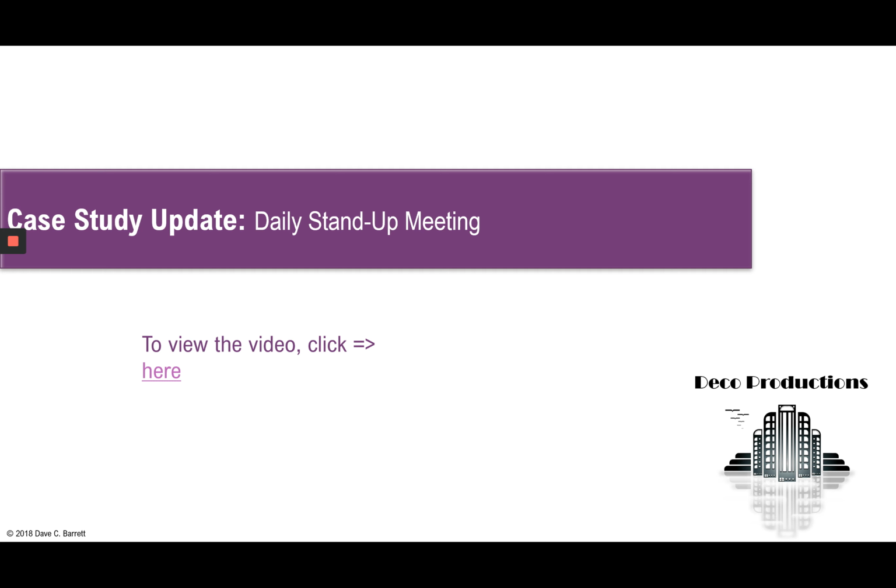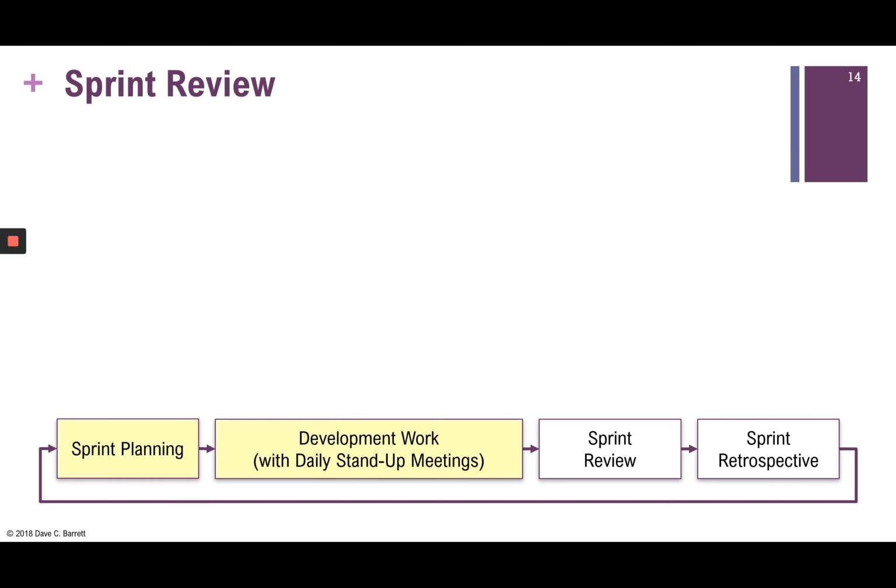And it's limited to that. Again, detailed discussion of how to solve problems does not occur during that meeting. Those are taken offline. The Scrum Master is making note of any obstacles because that may be something that he or she does outside of the meeting. It's limited to strictly 15 minutes. Everyone has to be at the meeting and it has to occur every day. So this is a key aspect of development work.